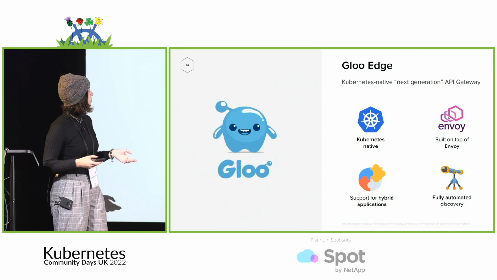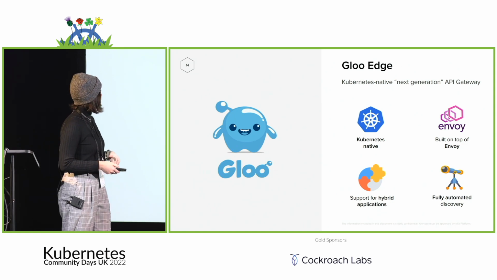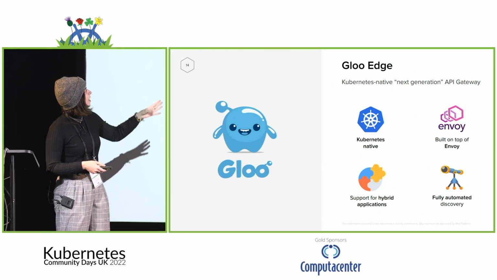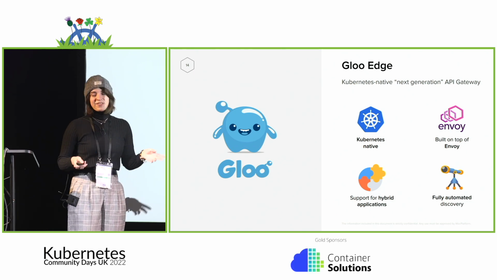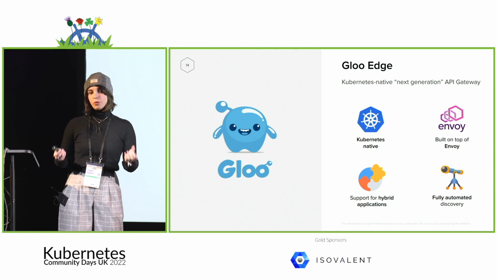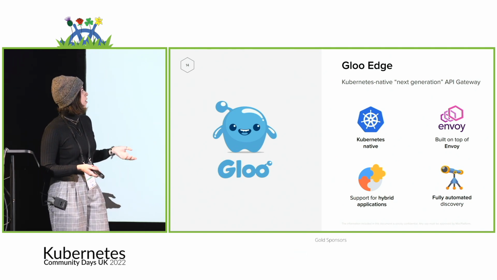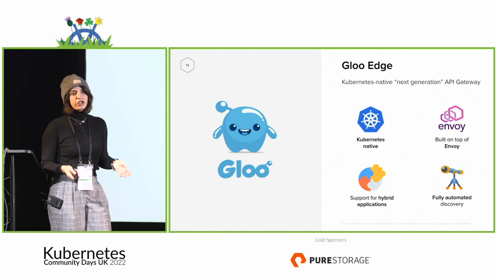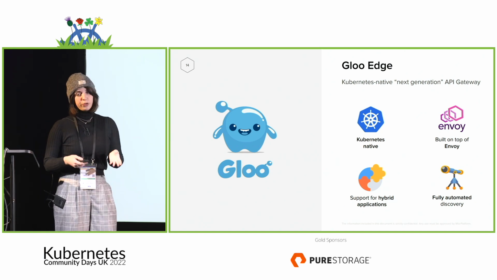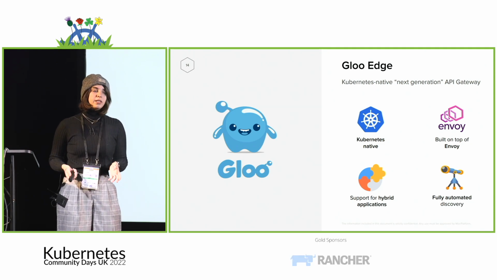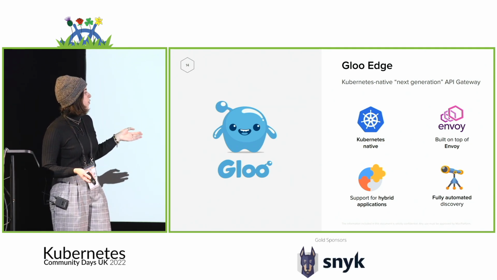availability. Finally, Gloo Edge. Gloo Edge is another tool that I would personally pick just for the icon. It is a Kubernetes native next generation API gateway. Again, it is another control plane to build an API gateway with Envoy. It is Kubernetes native, so it comes again with all the advantages of being Kubernetes native, including custom resource definitions. It offers the extensibility of Envoy, so all the stable features in the Envoy proxy.